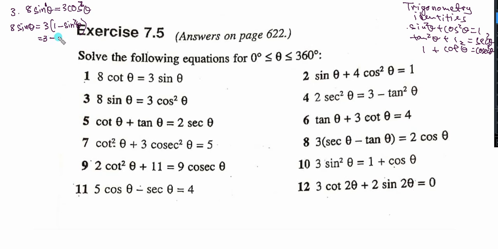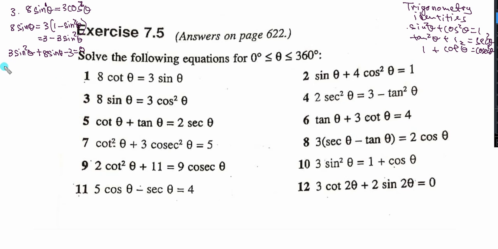You got 3, you got minus 3 sine squared theta. Now let's move this to the left hand side. So you got 3 sine squared theta plus 8 sine theta minus 3 equal to 0.